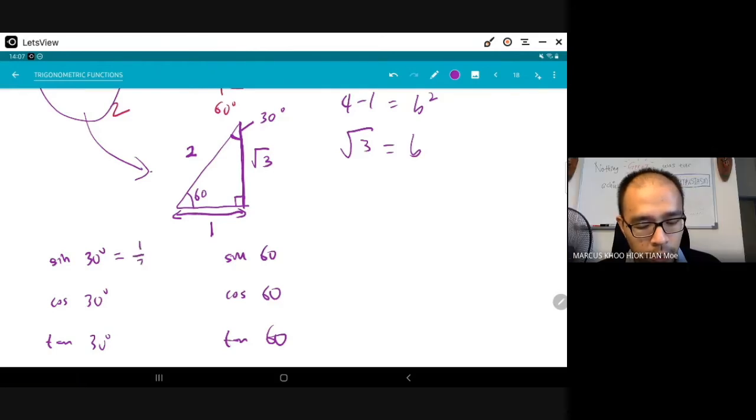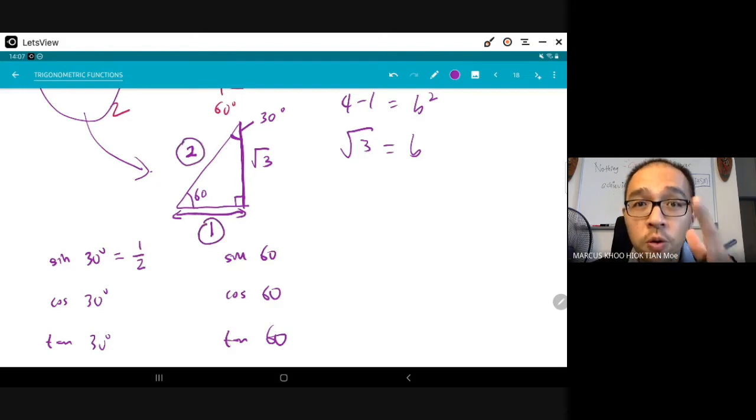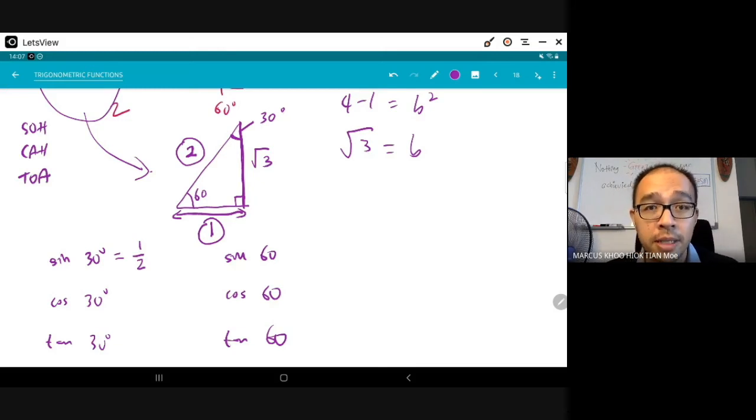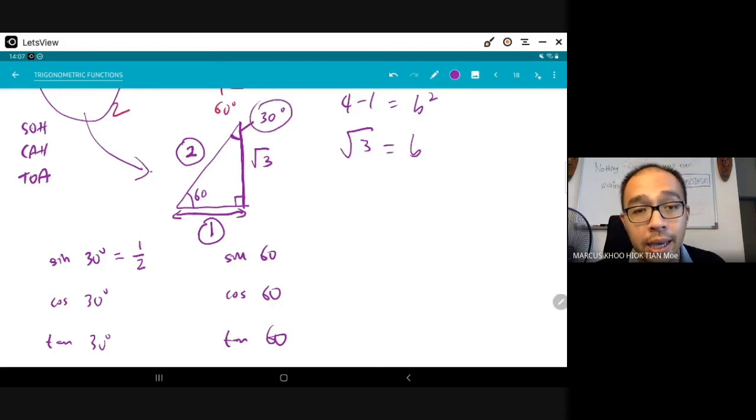Opposite over hypotenuse. Now you know why it's so important during Form 3, it keeps coming back. I don't know which method your teacher in Form 3 taught you, but this is the standard method. Sine is always opposite over hypotenuse. Opposite to what? Opposite the angle.